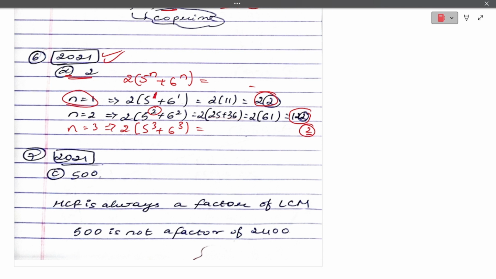When you simplify, you have to get a perfect number. The options here are option A 300, option B 400, option C 500, option D 600. Out of the 4 options, for option C 500, you are not getting a perfect number. 2400 is not a multiple of 500.